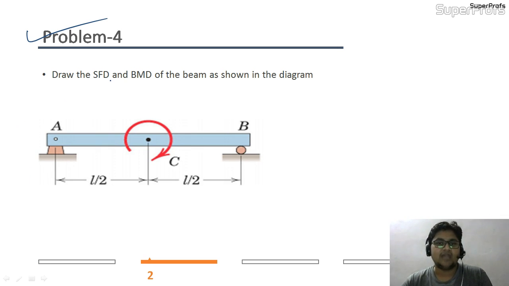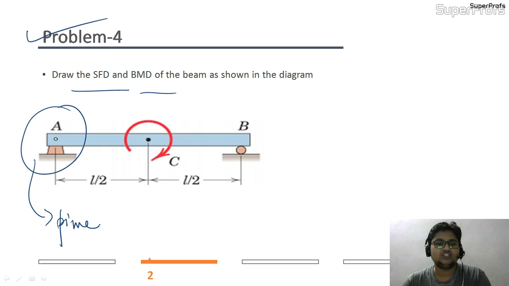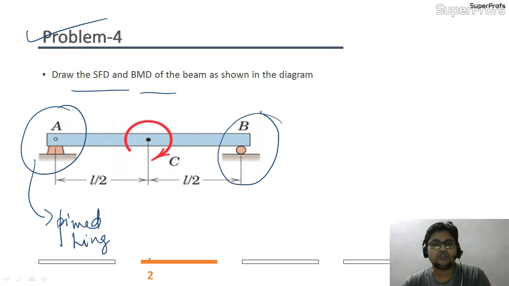Now, again, we are up with a question where we have to draw the shear force diagram and bending moment diagram of this beam that is shown in the figure. So the first task that we always had was to identify the type of beam so that we can assign its various reactions. As you can see, this is a pinned joint, so it is a hinge, and here there is a roller shown, so it is a roller support.